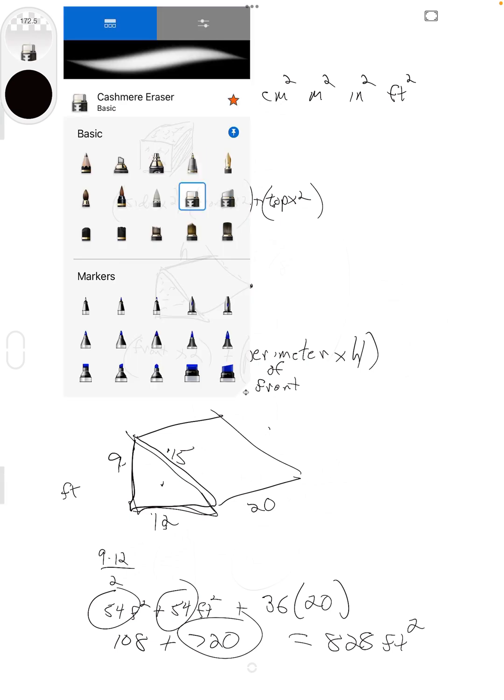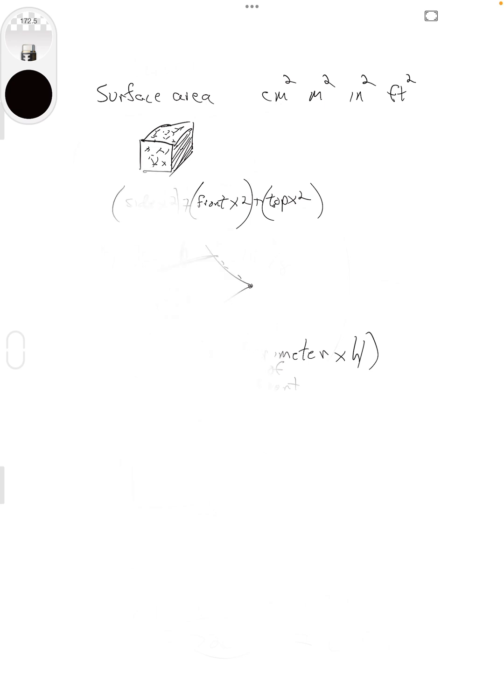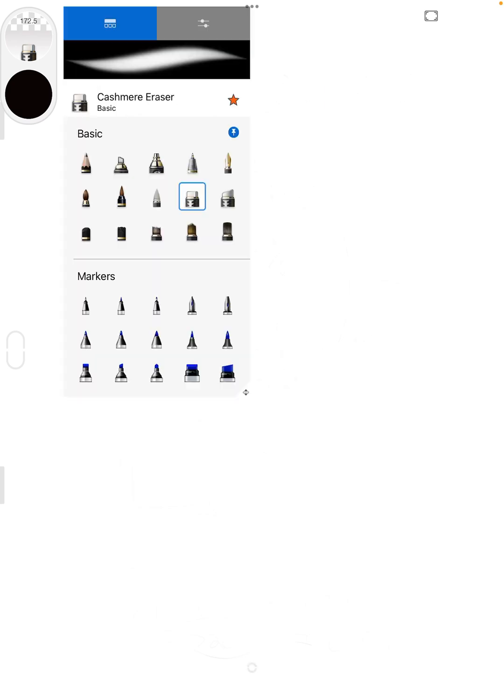I said height because I had to say some word, and it'll make more sense if I were to draw this this way. In this case I would have the perimeter of the top times the height.